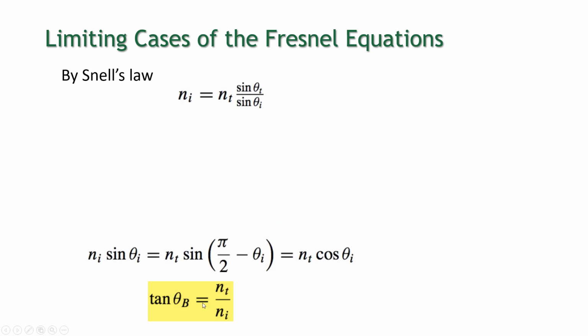So we got the expression for that. This gives us Brewster angle in terms of refractive index of the transmission medium and incident medium. And we also did the lab on this one. So if you haven't done the lab, you can do that this week.